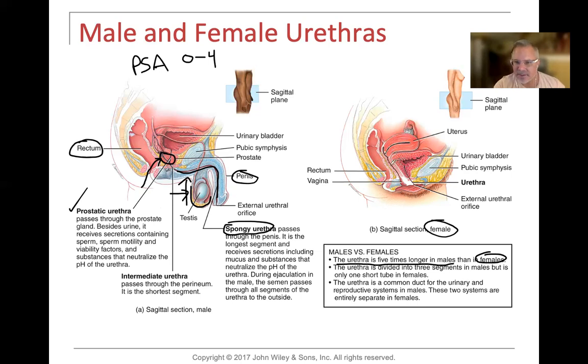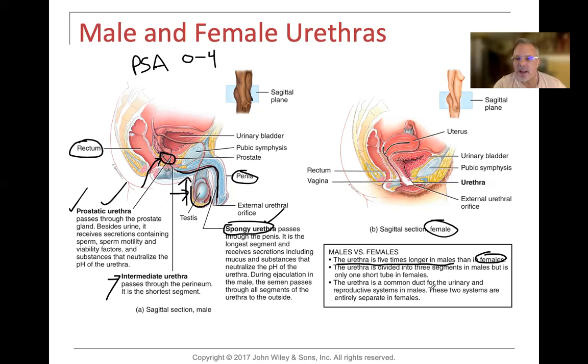It's shorter in the female. The urethra is divided into 3 segments in the male, but it's one short tube in the female. So we talked about the prostatic urethra and the spongy urethra, and between the two is the intermediate urethra, no biggie, okay?